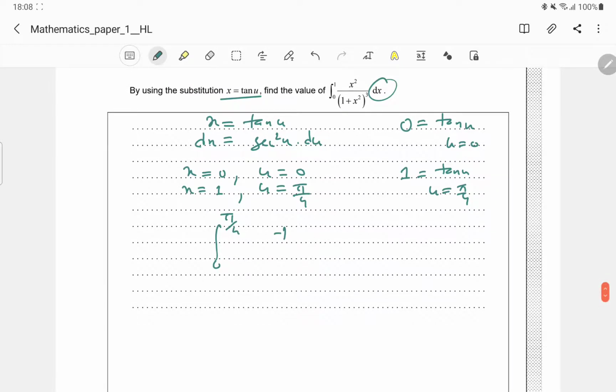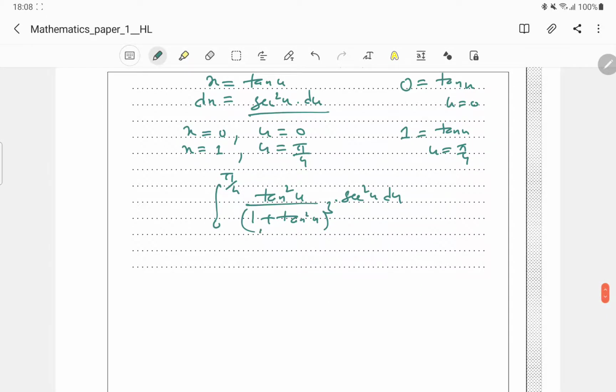It's x square, so tan square u over 1 plus tan square u, whole cube, and the value of dx is sec square u du. Now what is 1 plus tan square u? It's sec square u, so we can substitute it.